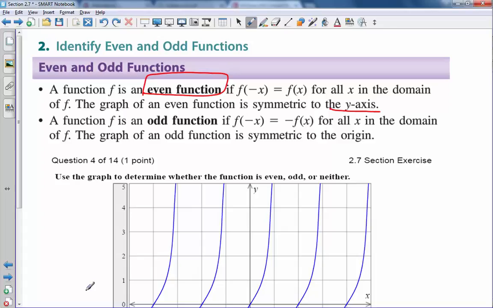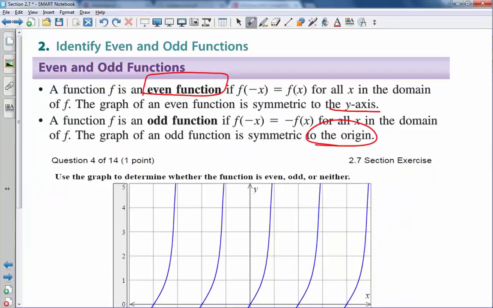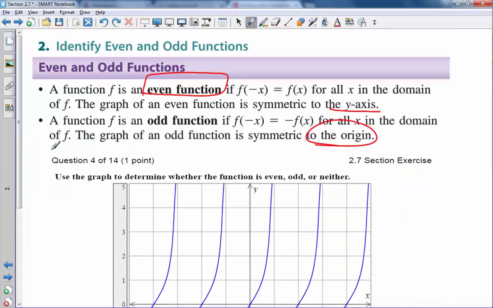So you sketch a graph of that function, and if you see y-axis symmetry, oh, this is an even function. Perfect. But if a function is symmetric with respect to origin, such as these two, y equals x and x cubed, they are both odd functions. They are odd. Okay?